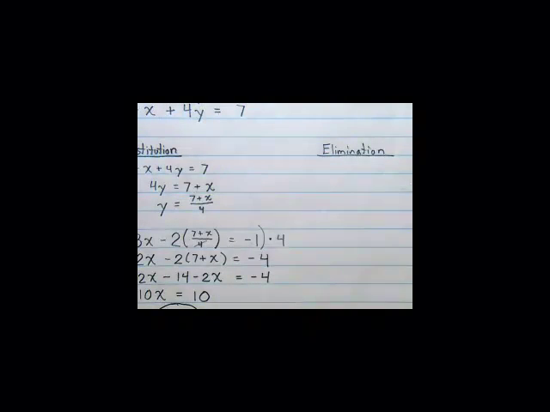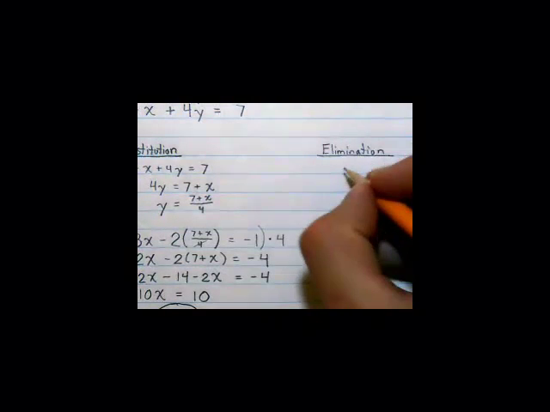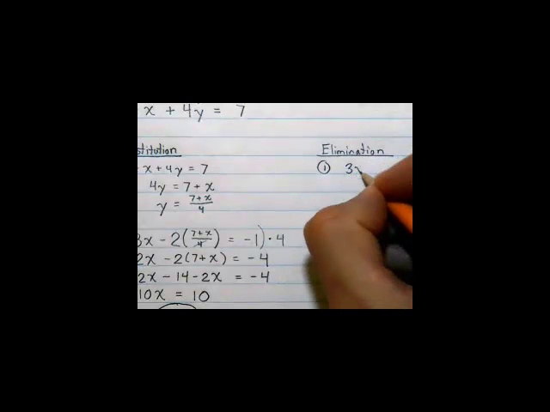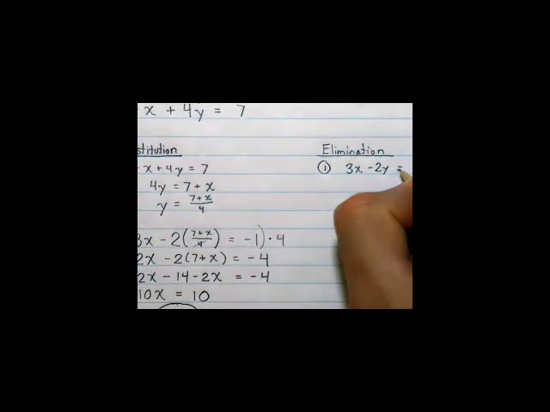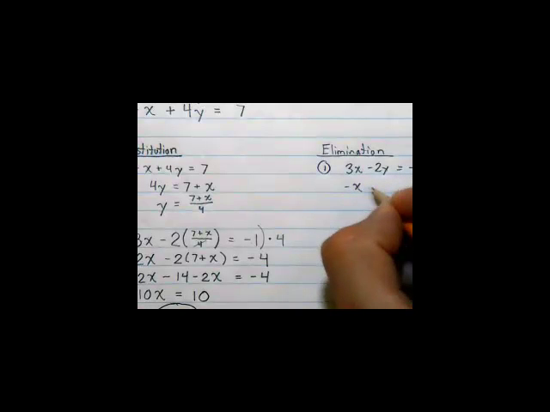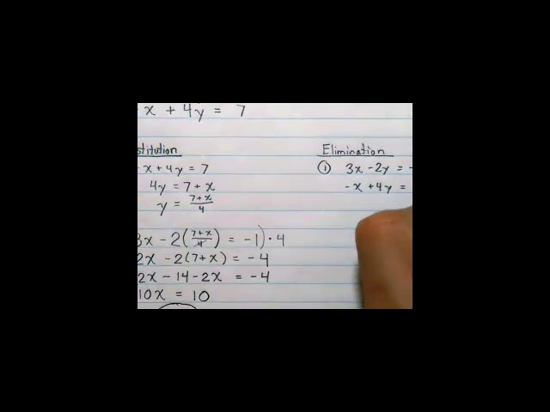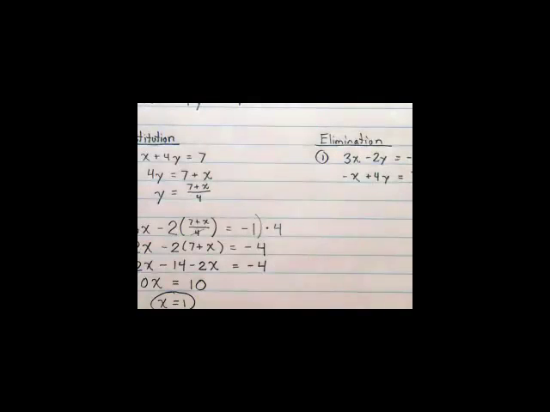So if I start off with this whole system again, this will be step 1. We're just going to copy down the set of equations here. It's called elimination because we want to eliminate one of the two variables after we add or subtract them together. So we've got to pick one of the two equations and pick a number to multiply by.